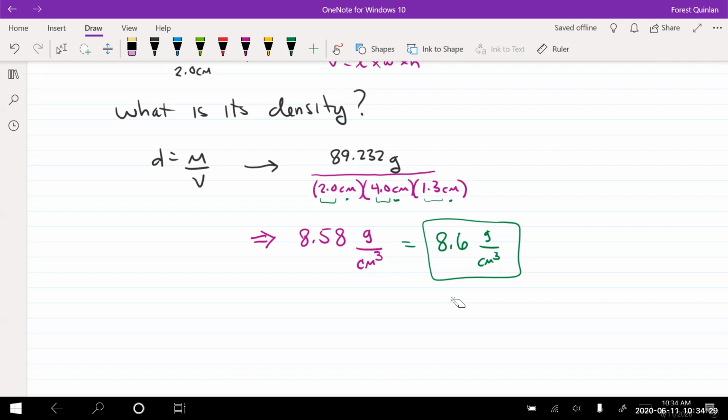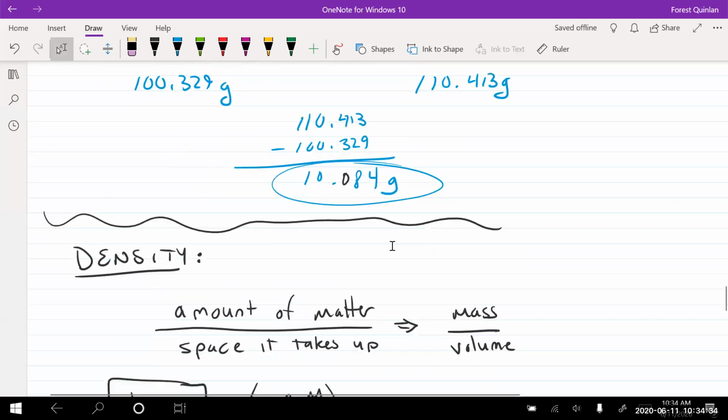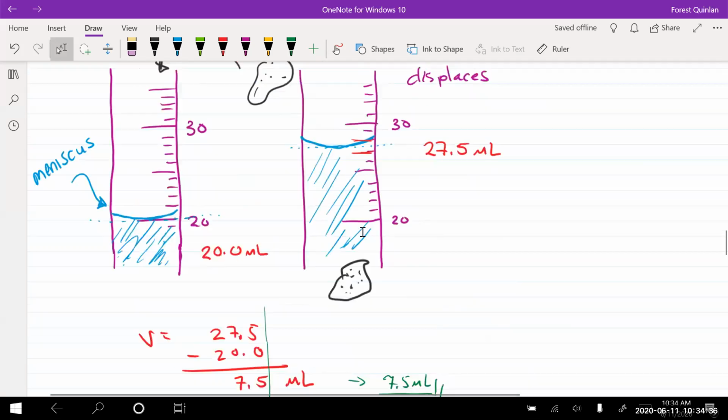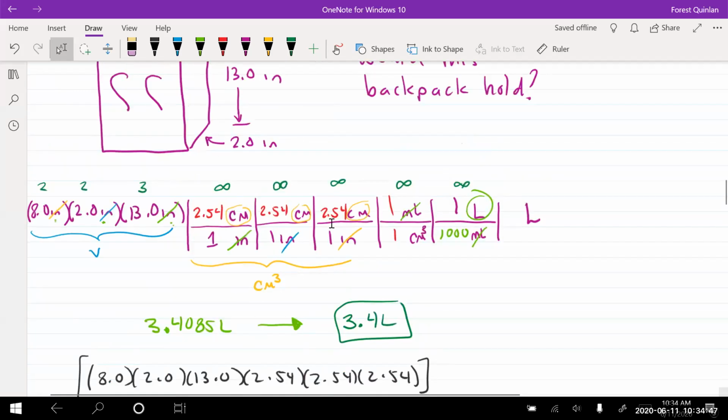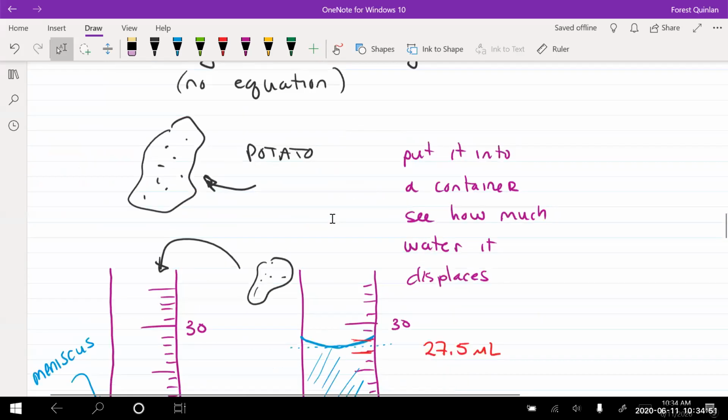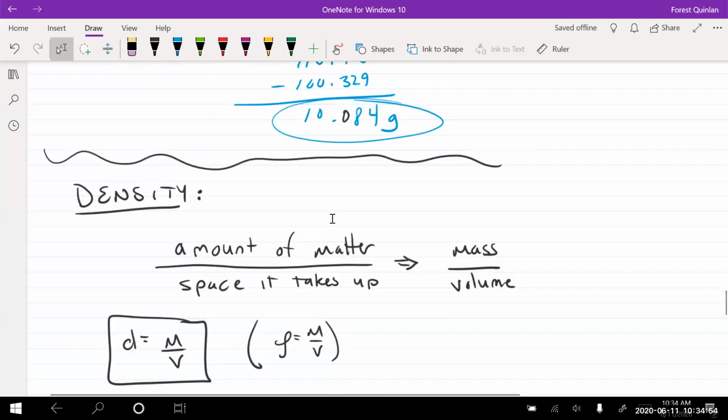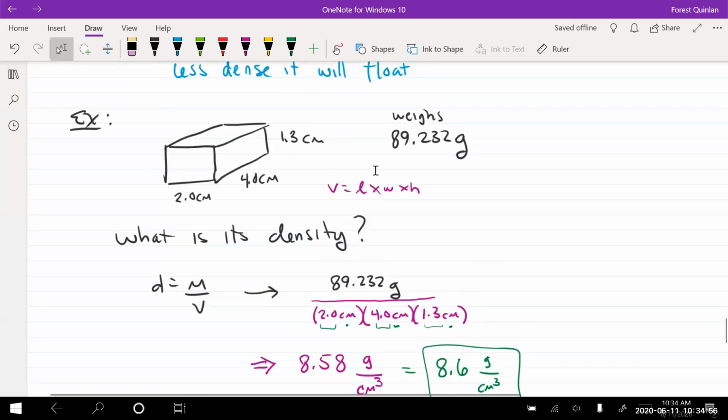I could do a problem where your volume was given to you based off of a displacement. But it is always going to be density is mass over the volume. So whether I do it by a displacement or by a calculation, it doesn't matter. But what I won't say is that the problem I'm going to give you is always going to be length times width times height, because that's not how life works.